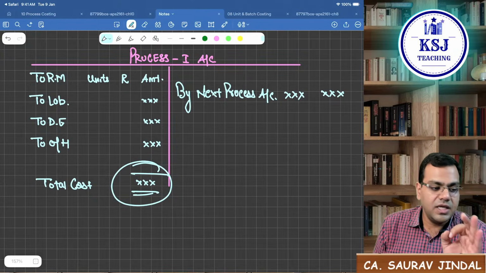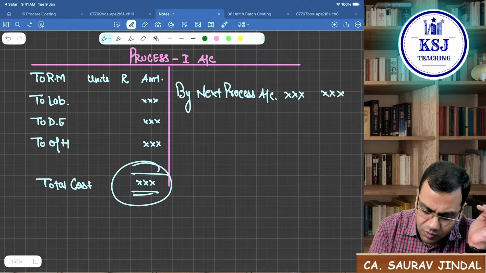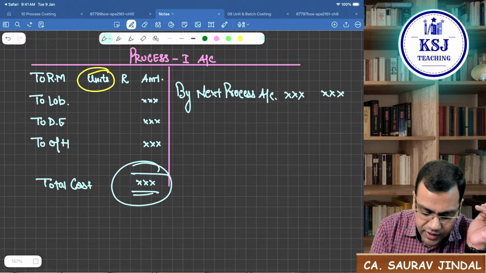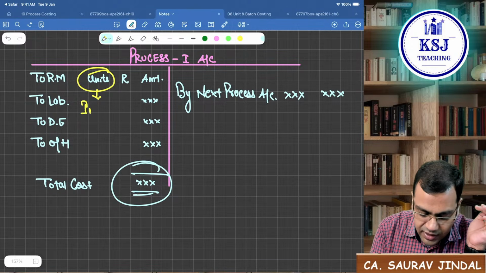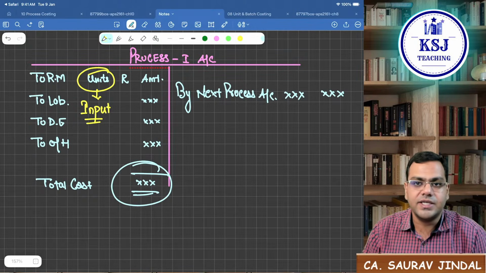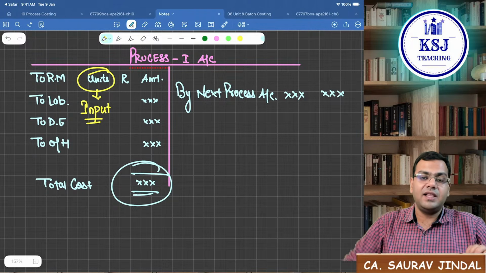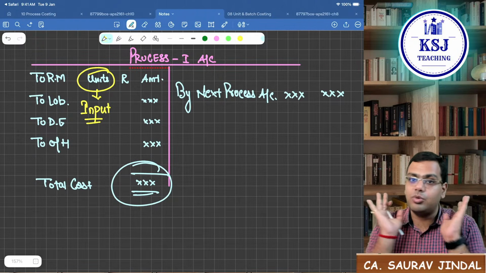One thing in the whole of process costing that you have to remember, sir: whatever you input here, these are your input units. You have to give the detail of what happened to these input units.